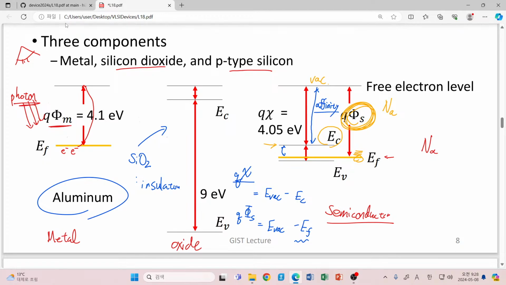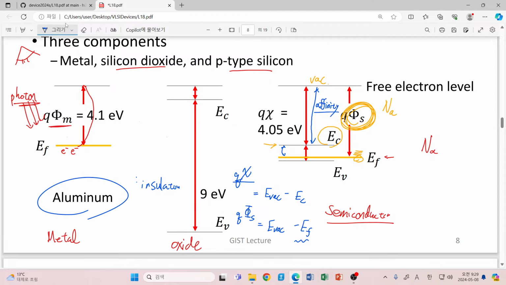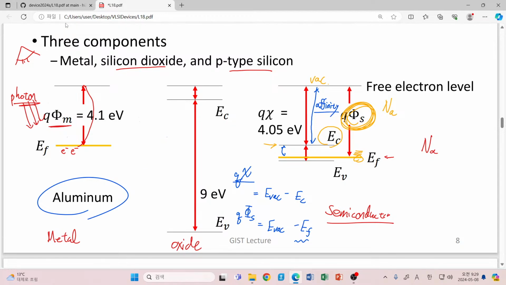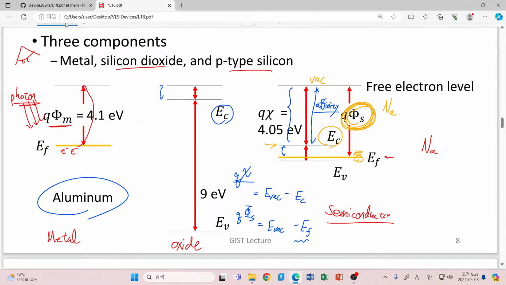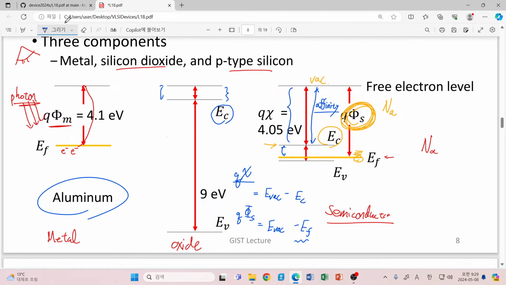Okay, so please understand this one. In this case, our conduction band also has some difference from the vacuum level. So this is our EC. Compared with this p-type silicon, you can immediately understand here: the electron affinity of silicon is relatively high. However, the electron affinity of silicon dioxide is quite low. So we have a small energy difference between the conduction band and the vacuum level.